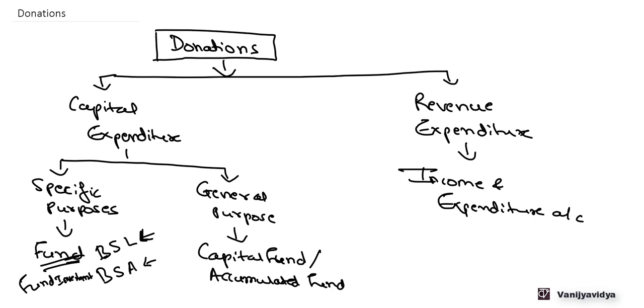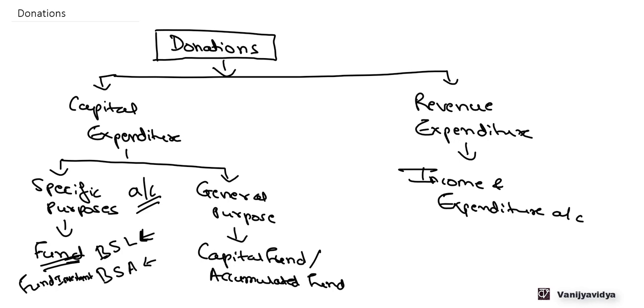Now, say if there is some donation that is received for a specific purpose and the same is not invested, then we don't use the term fund, we use the term account instead of fund. Say if we have received some donation for the scholarship and we have not invested it, then we will say scholarship account.